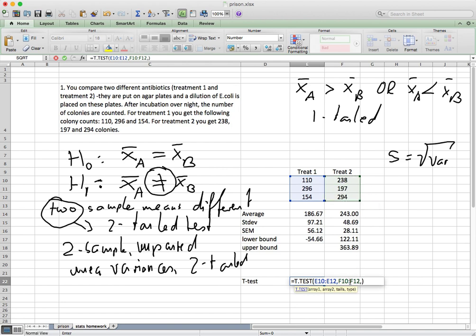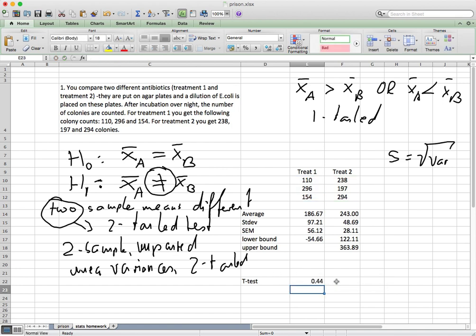Now it asks us how many tails we want, and we said we want 2 tails, so that would be 2. And lastly, it asks us for the type of t-test. You can look up in the help section that a two-sample unpaired t-test with unequal variance and 2 tails has the code 3. And so we are done.